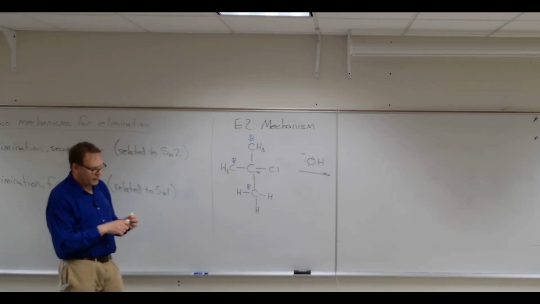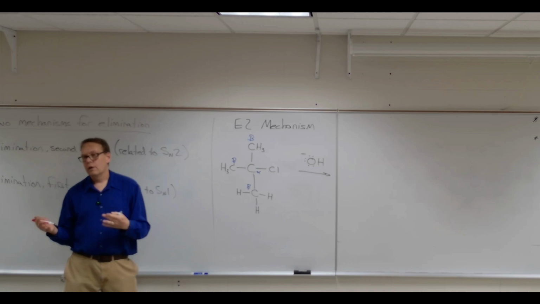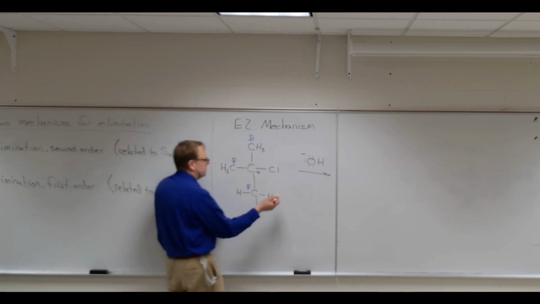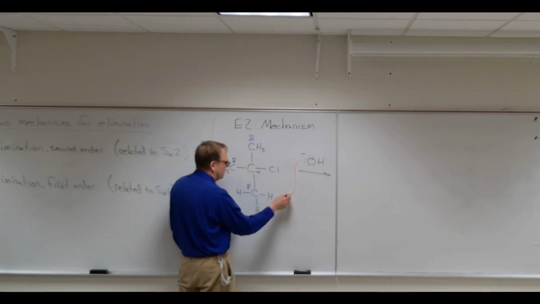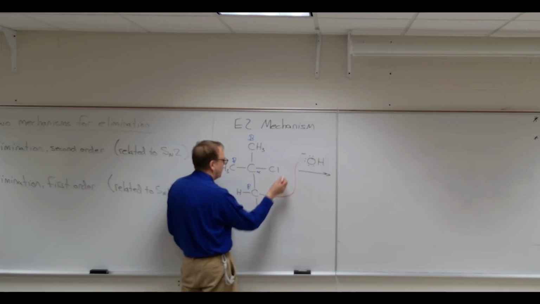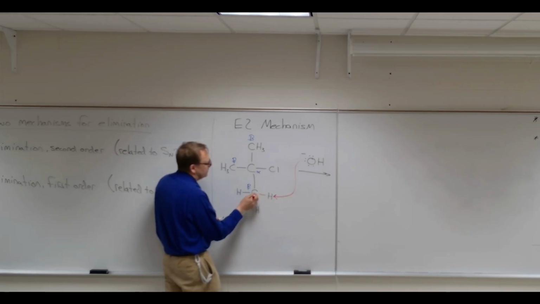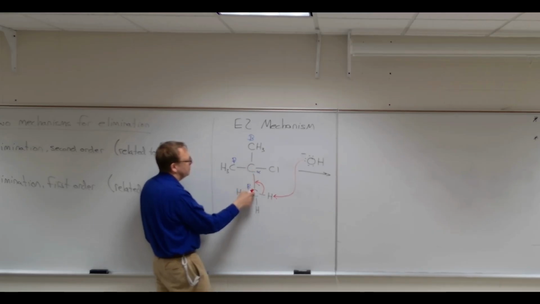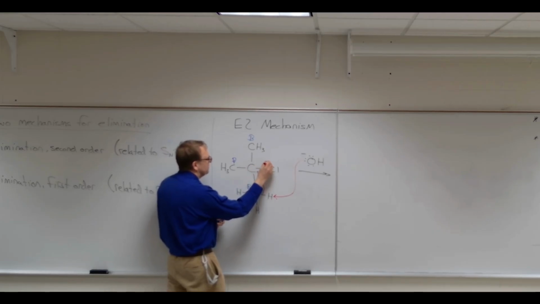So this mechanism works exactly like we talked about last time, where the base comes by, abstracts a proton off the beta position. The electrons in the carbon-hydrogen bond go to form a carbon-carbon double bond between alpha and beta, and the leaving group leaves with a pair of electrons.